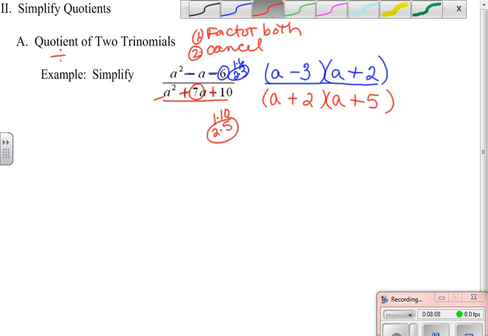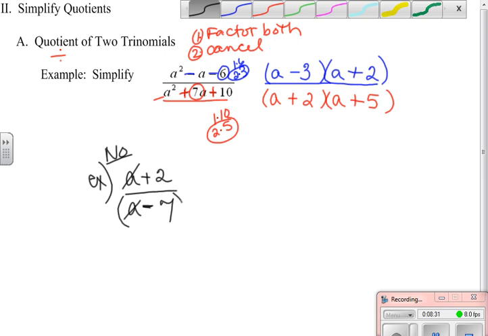I have two numbers in my numerator, two numbers in my denominator. Now, you can never ever cancel next to addition or subtraction. So if you have a plus 2 over a minus 7, you cannot cancel the a's because they're right next. Remember, these are single numbers.